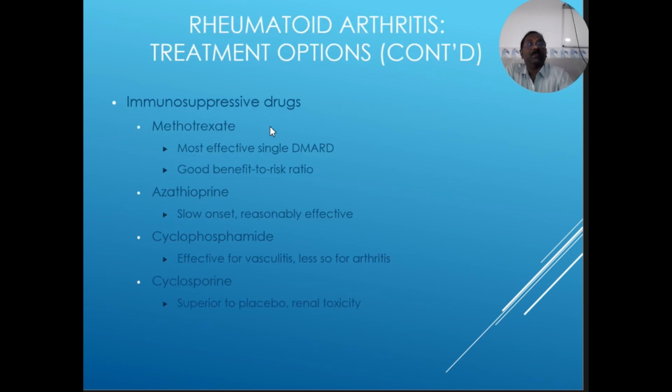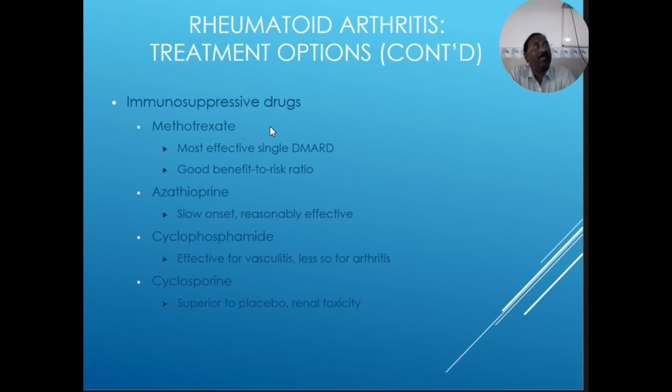Now the immunosuppressive drugs. Methotrexate is the most effective single DMARD. All over the world, the number 1 DMARD in rheumatoid arthritis therapy is methotrexate. So big thanks to Yellapragada Subbarao garu who invented methotrexate. Good benefit to risk ratio, but you should give it as pulse therapy only.